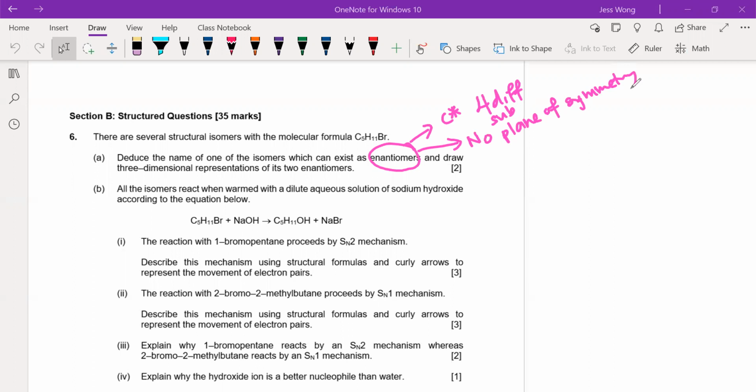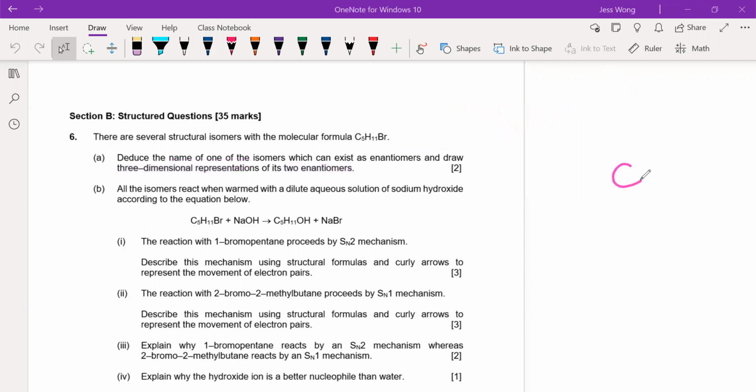So after you identify that, you're supposed to draw a 3-dimensional structure to show the two enantiomers, because enantiomers can only be represented by three-dimensional structures. So how do we work it out? First, you count how many carbon you have. So there are 5 carbon, so 1 must be the center.